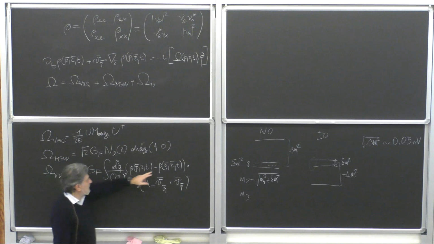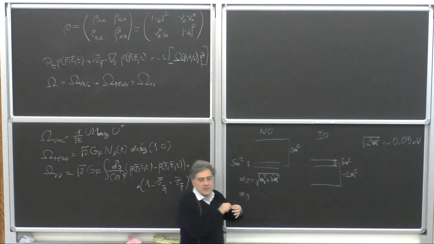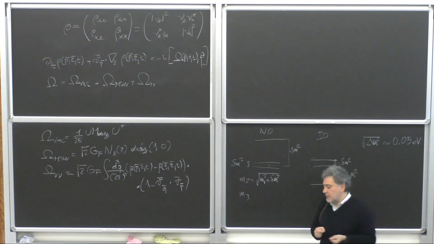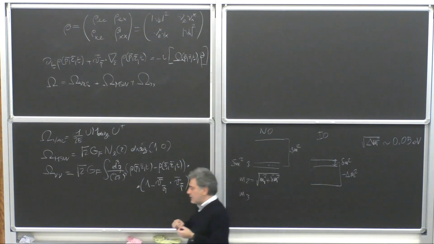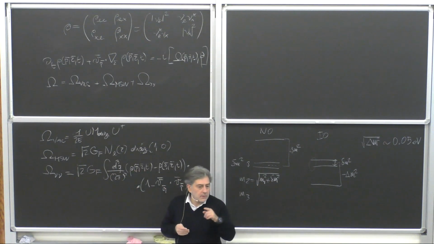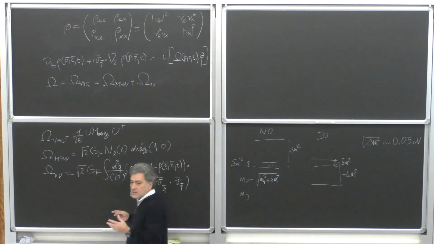R is the distance from the center of the exploding star, the neutron star. P is the momentum of a neutrino, let's say. T is the time.